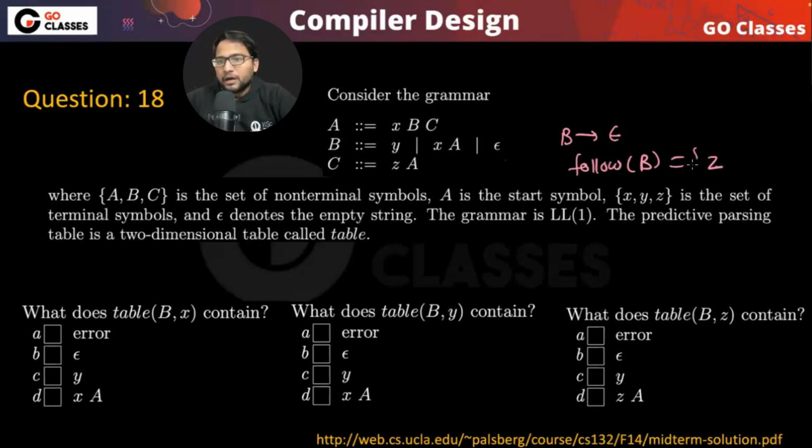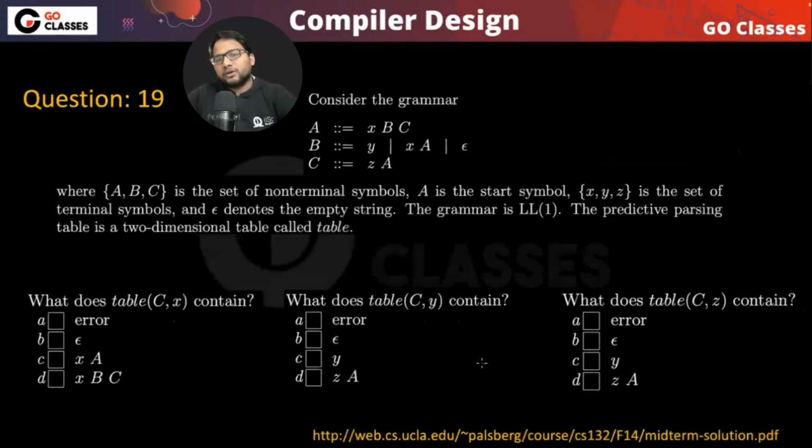Small z. Now you tell me where it will go. This will go in the z only, right? This will go to z, this will go to x, this will go to y. So I think things are sorted here. B gives b comma x, xa, b comma y, b comma z, this one, right? Okay.